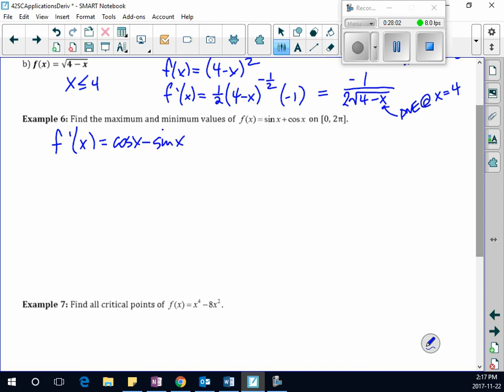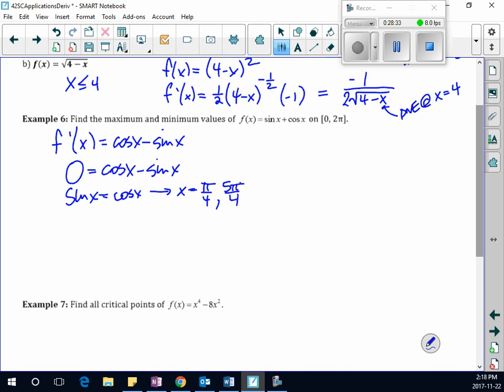So we're going to set it equal to 0 and solve. 0 equals cos x minus sine x. So that means wherever sine x equals cos x in the domain 0 to 2 pi, that will be some critical points there. So that means x equals pi over 4 and 5 pi over 4, yeah.